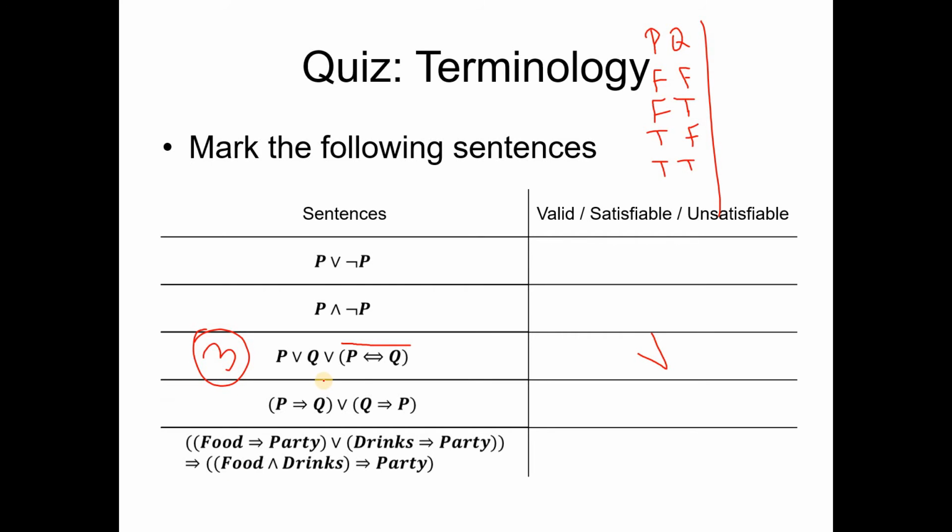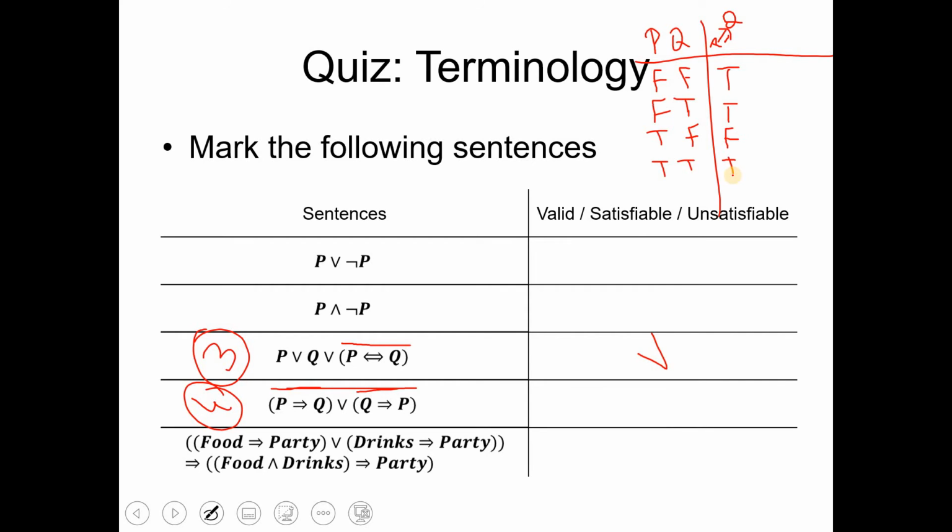I will again write down over here. This time it is P. So to solve number fourth sentence, I will write P implies Q and Q implies P. So P implies Q gives me that when P is false, I don't care, and when P is true, then Q should be true.